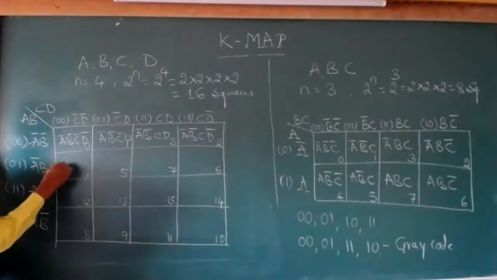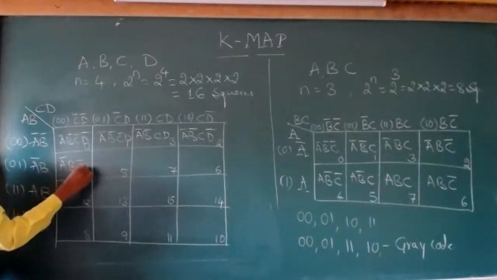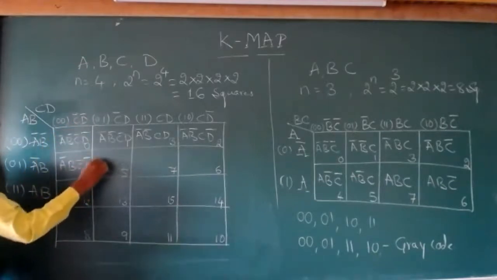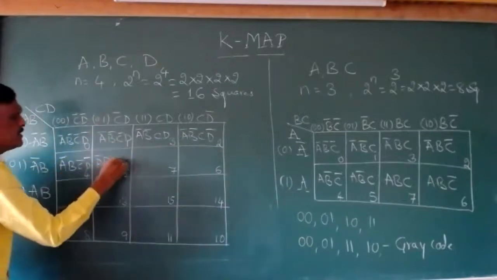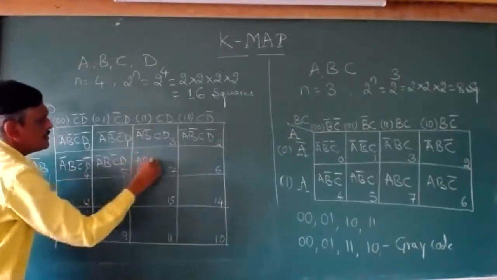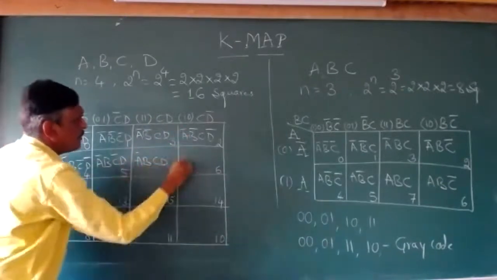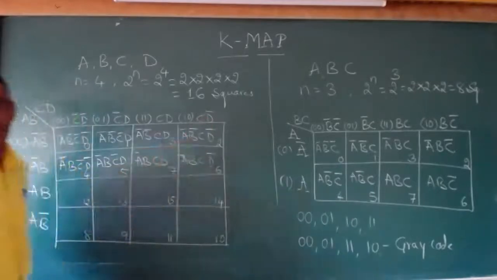Next one is A complement, B. Now C complement D complement, C complement D. A complement B is common for this complete row, so the only change is in C and D. So A complement B C D, then A complement B C D complement is the second row.